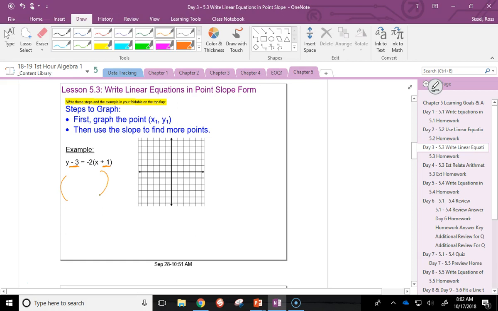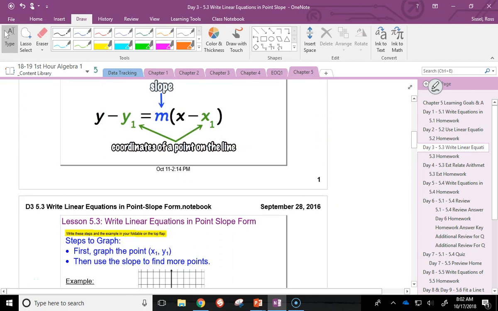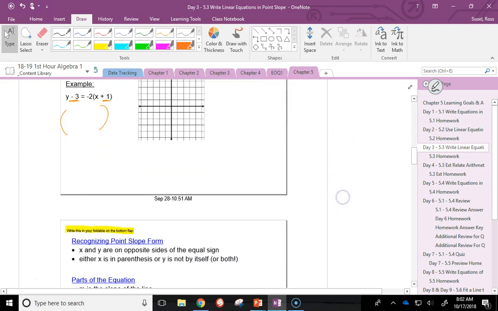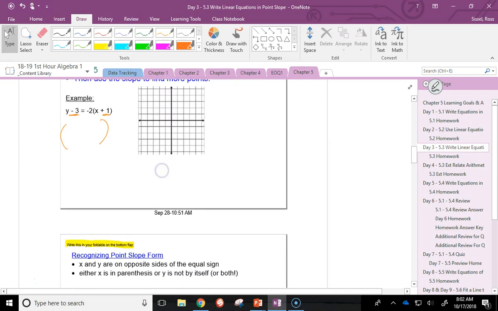Because if you look back at point slope form, how it's written, it's always a minus, always a minus. So when we write it here, we're going to write the opposite. So my x-coordinate, it says positive 1, so my x-coordinate is actually going to be negative 1. When I look at my y, it says minus 3, so it's going to be a positive 3.